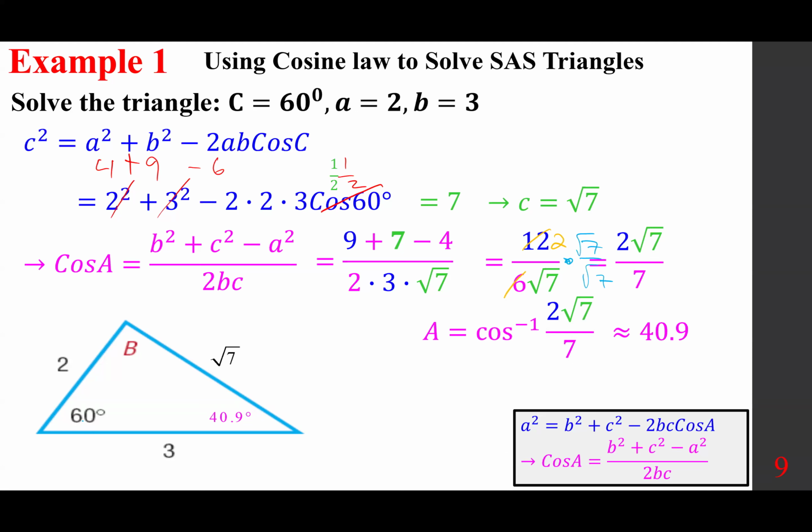And all you have to do is add these two, subtract it from 180 to get B. 79.1 degrees. Put it there and you're done.